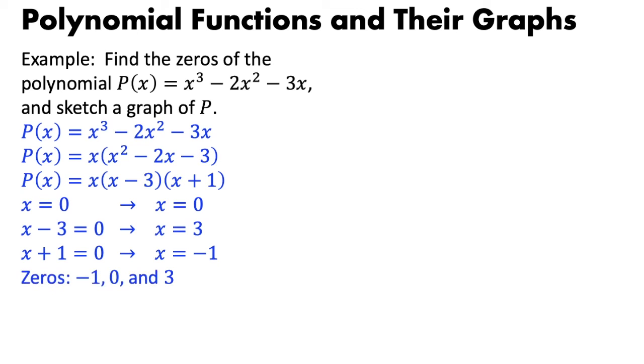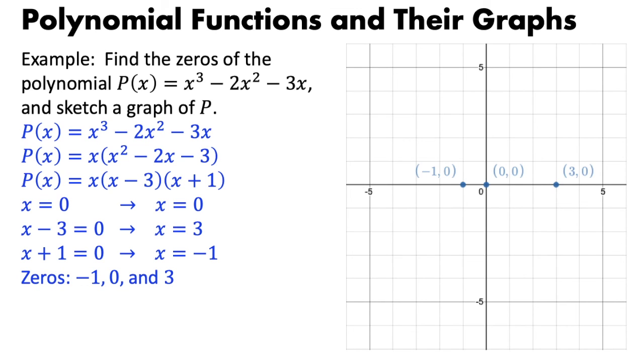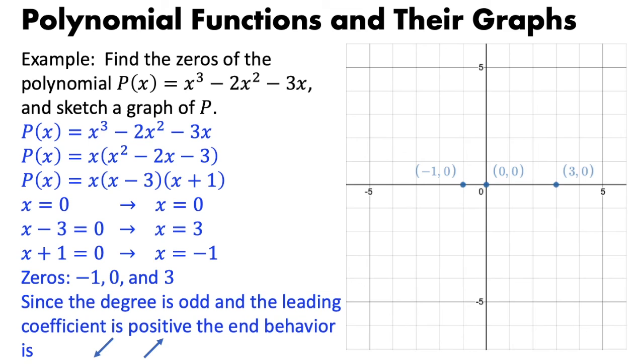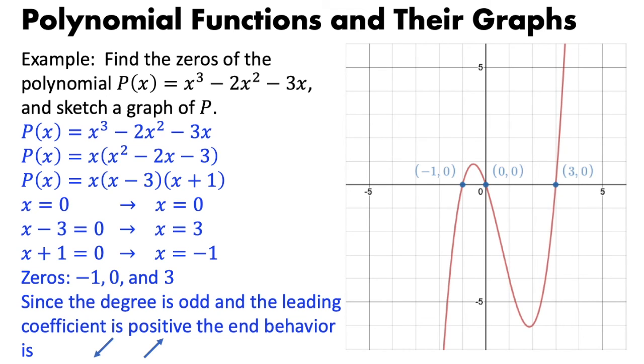Each of these zeros has a multiplicity of 1, so we plot those x-intercepts on the plane. Since the degree is odd and the leading coefficient is positive, we can find the end behavior of the graph. That is, as x approaches infinity, y approaches infinity, and as x approaches negative infinity, y approaches negative infinity. So we get this graph.